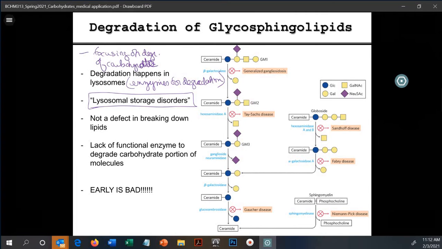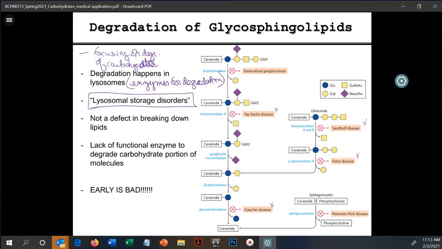Now, when it comes to disorders like Tay-Sachs disease, or Gaucher disease, or Sandhoff, or Fabry, or Niemann-Pick, well, I'm going to take Niemann-Pick off the table. When it comes to the ones that I've given X's to, these are defects in breaking down the carbohydrate head group.